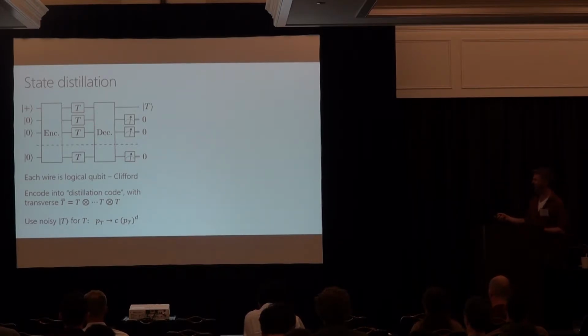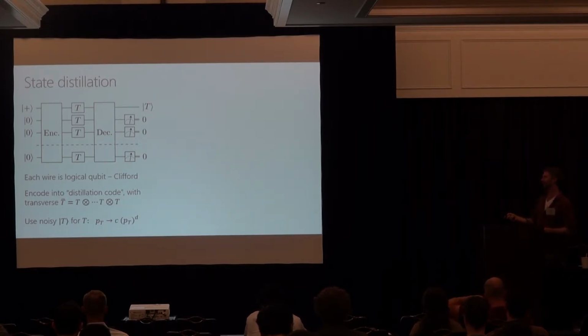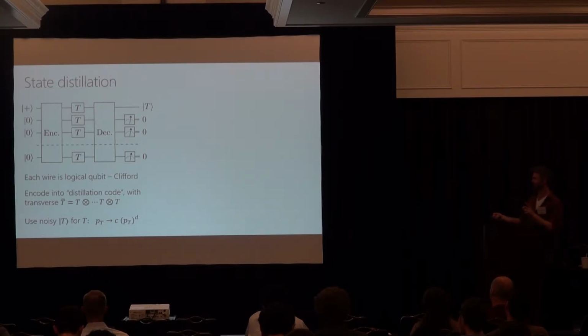And then we decode from our code again, and provided that this outer code, this bigger code, had no faults, then our error should be suppressed, because if one error happened, we would detect it by this decoding procedure here. So this is roughly how magic state distillation works in this approach.